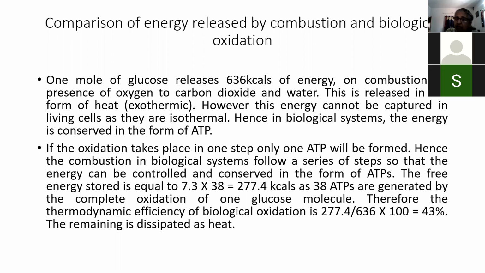By the calculation of the amount of energy released by glycolysis and the citric acid cycle, and when it enters the electron transport chain, we have shown that it is 38 ATPs. Therefore, since 38 ATPs are generated and one ATP can conserve 7.3 kilocalories, the total amount of energy that we can get will be 38 into 7.3, which is 277.4 kilocalories.